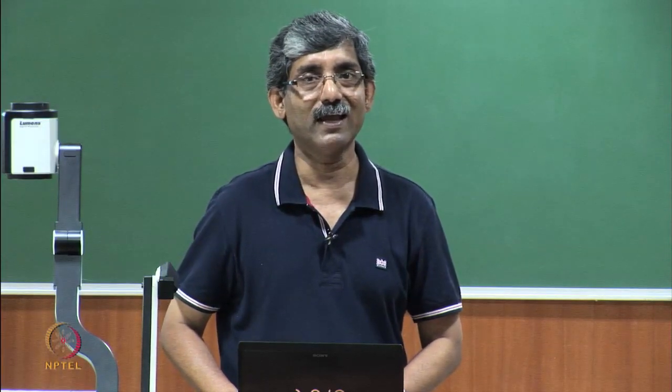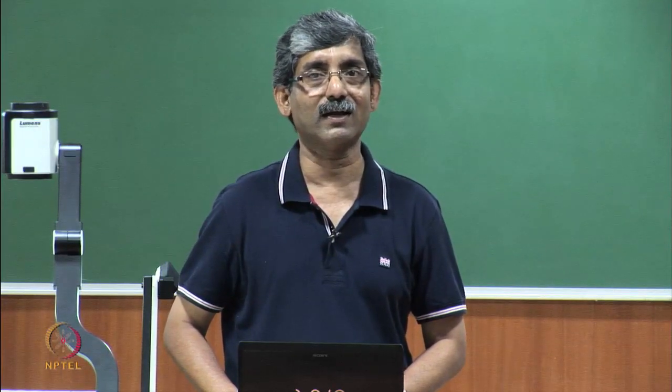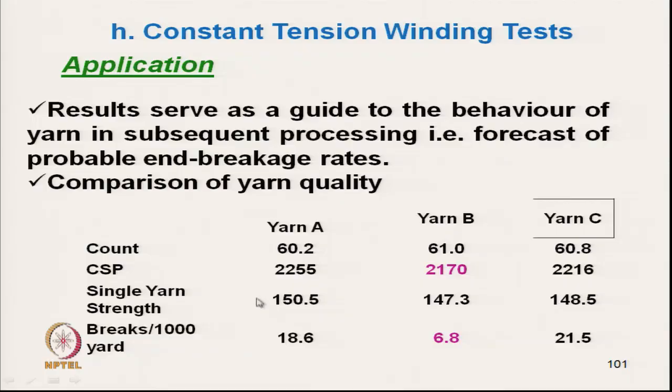So yarn A, although it is giving higher CSP or higher strength, its breakage rate is almost three times higher than this. That means it will give poor performance. Yarn C also gives poor performance. So, as far as performance is concerned, one should prefer yarn B.